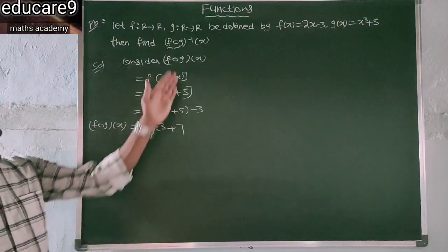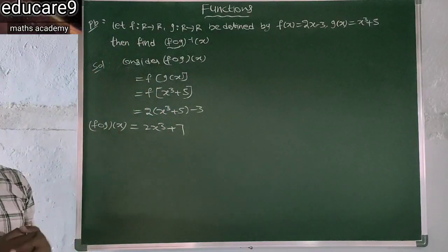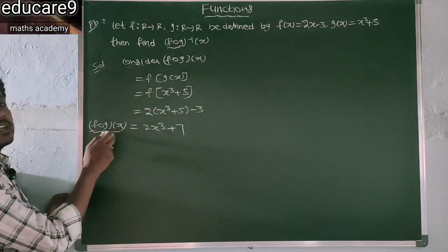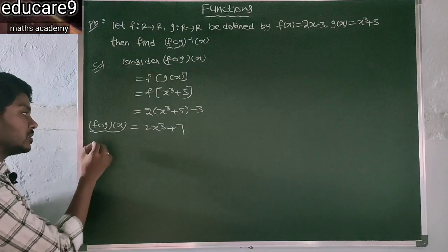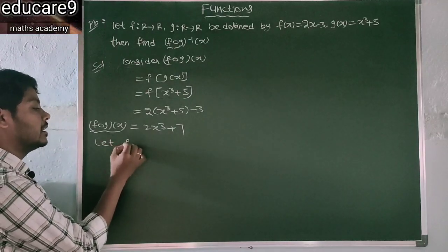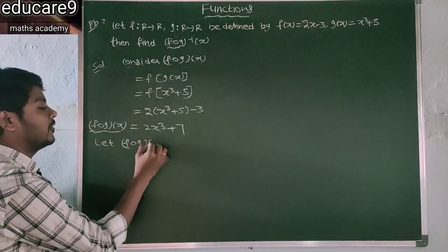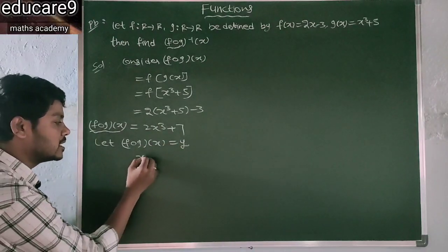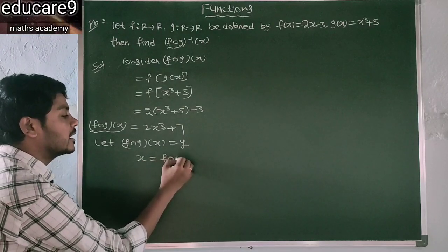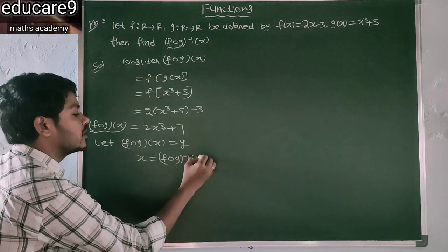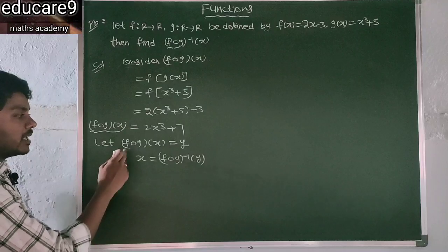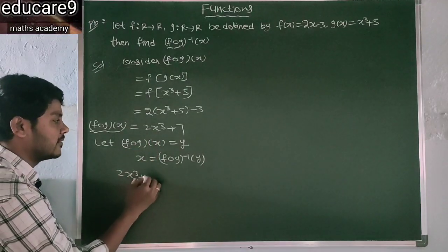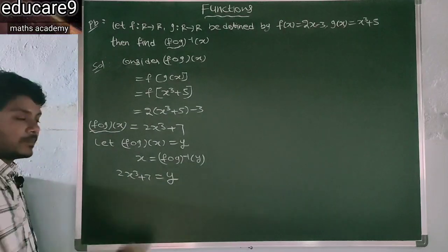But here you want to find the inverse of this function. For finding the inverse, let f circle g of x equal y. From this, x is (f circle g) whole inverse of y. But here, f circle g is 2x cube plus 7, which equals y.